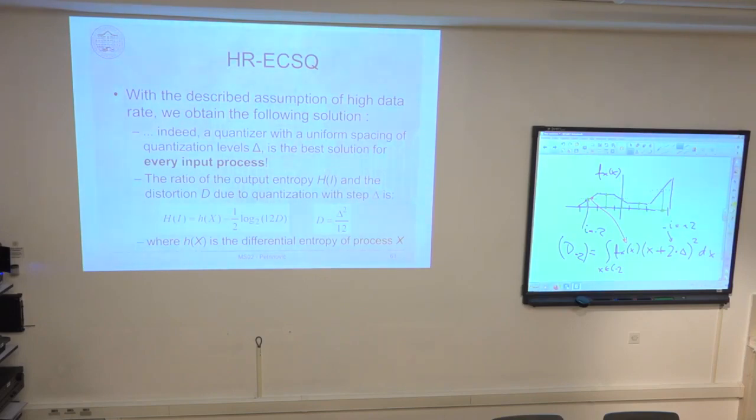So differential entropy is somehow a measure of complexity for quantization. How complex is this signal to be quantized, to be transmitted over the channel? The higher the differential entropy, the higher the required output rate to achieve the same distortion.